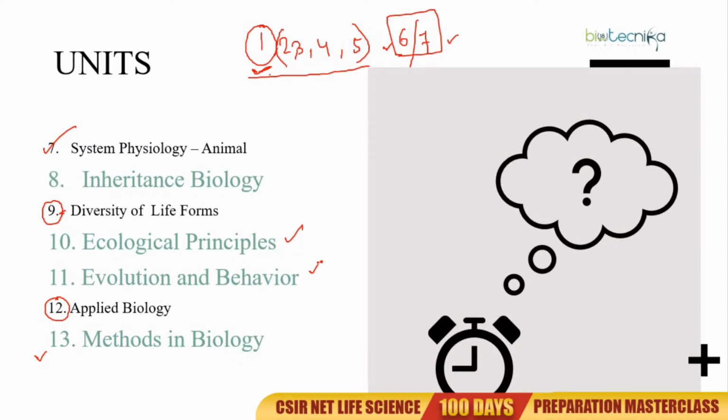So definitely, when you are preparing for these heavier units, 2, 3, 4, 5, 8, 13, and unit 1, keep 10 and 11 along with that, but you can allot less time for these because it will not take much time to understand these topics.